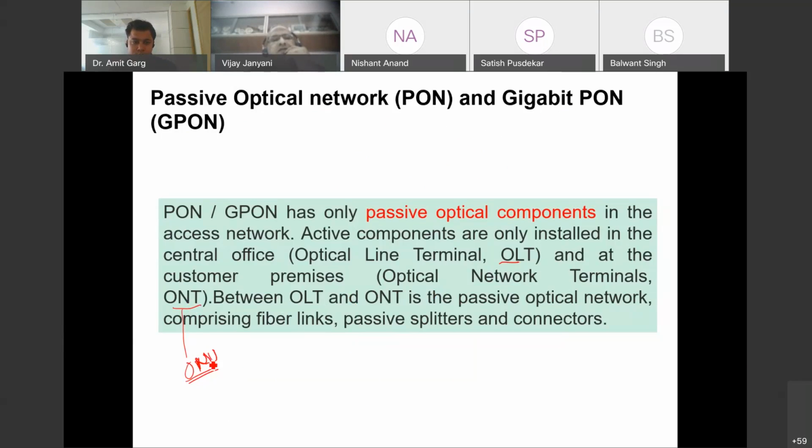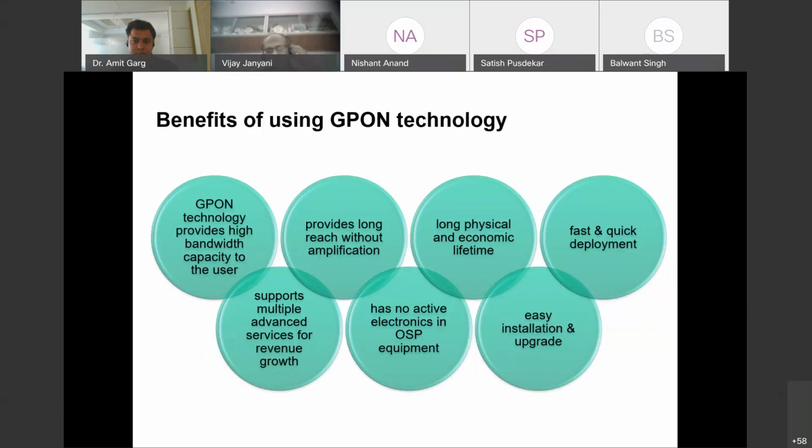Only in some standards they are called ONU, and in some standards ONT, because you have two standards, IEEE and ITU, but otherwise more or less they are the same. So it is only the passive optical network comprising fiber links, splitters, and connectors. That is why it is very economical to run and to maintain.